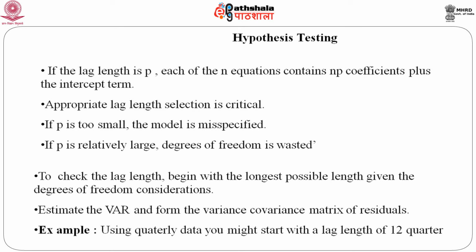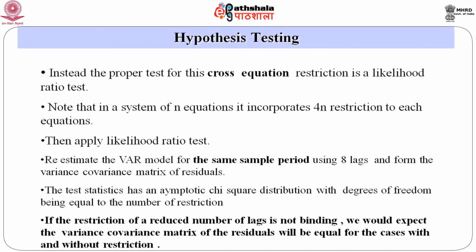Now, suppose you want to determine whether 8 lags is appropriate. Restricting the model from 12 to 8 lags would reduce the number of estimated parameters by 4 in each of the equations. So, here an equation by equation F test on each of lags 9 through 12 is not appropriate. Rather, what we do, we put cross equation restrictions in a likelihood ratio test.